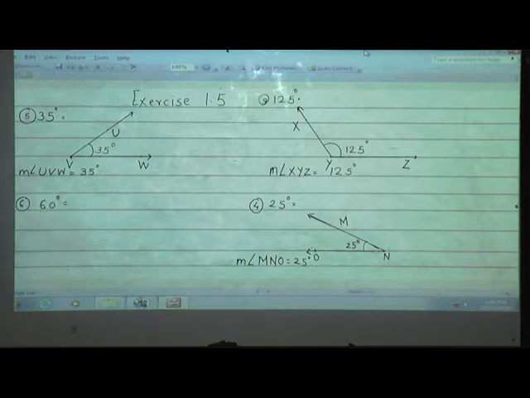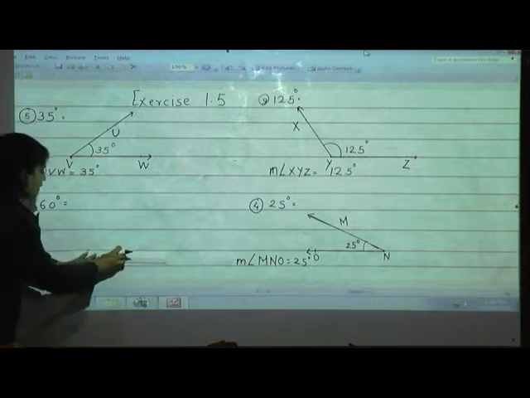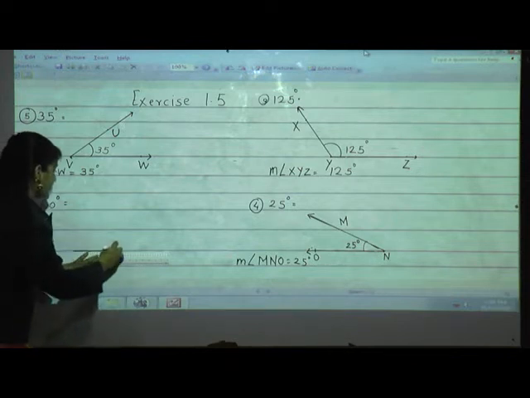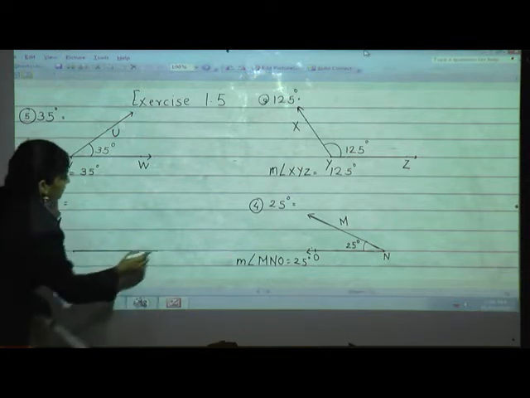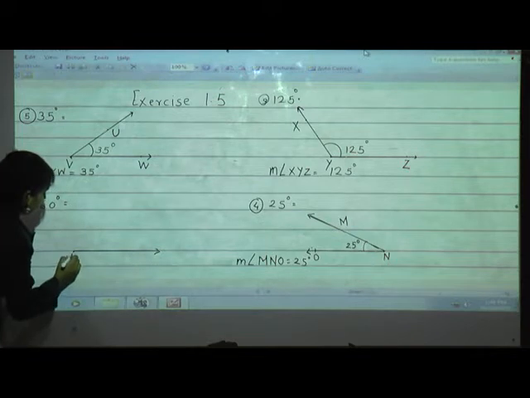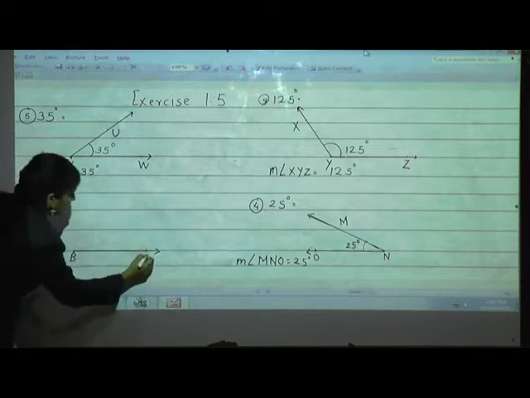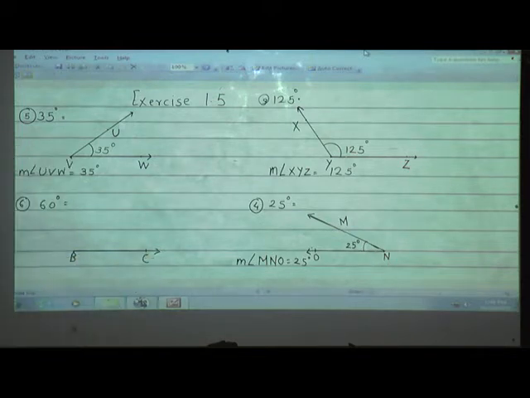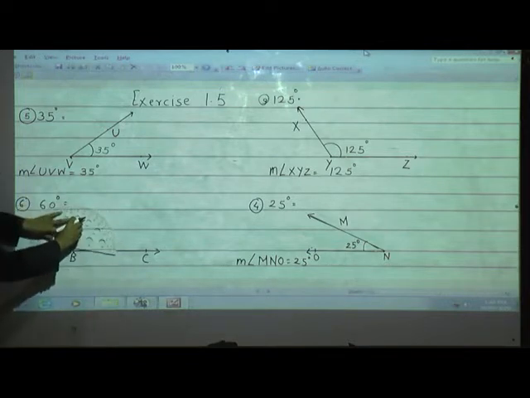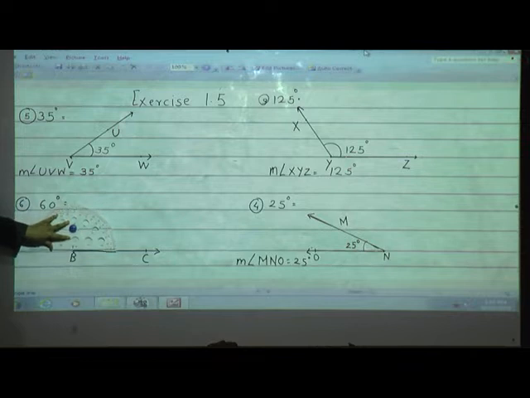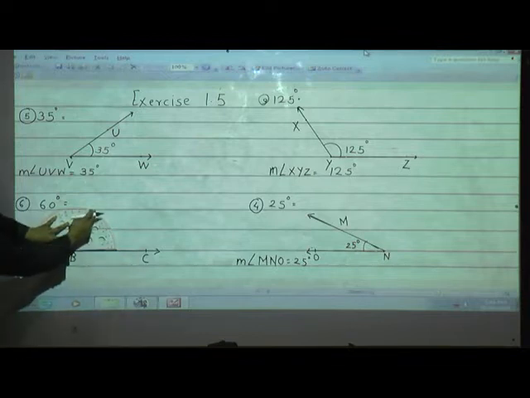What we have to do? Yes, draw one ray. Name it BC. Place the baseline of the protractor on ray BC. Yes. Again, find where it is 60 degree. Here.